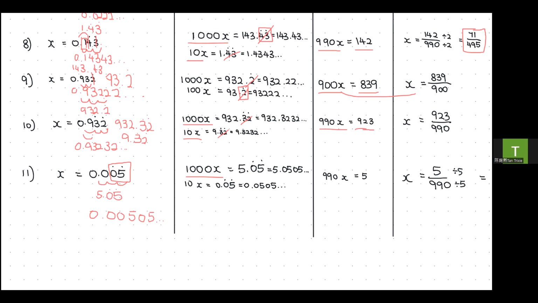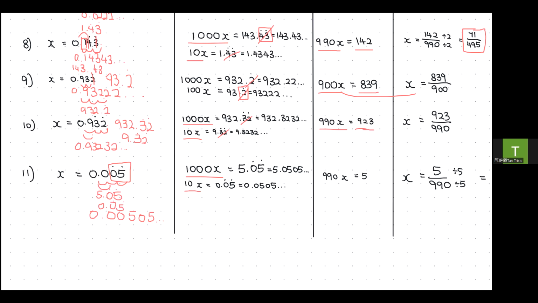Now you need to find a number that has the same recurring decimal places of 0.05 repeating. So it will be 10x, move 1 step, equals 0.05 recurring decimal. So the recurring decimal is the same.